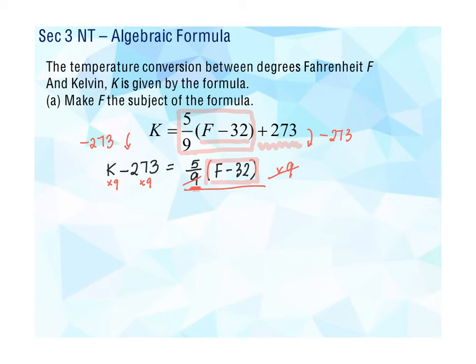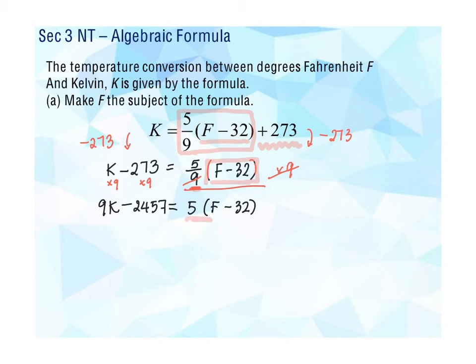I'm left with, on the right hand side, 5 bracket F minus 32. And then on the left hand side, I have to multiply every term by 9. So this will be K times 9, 9K, minus 273 times 9. So negative 273 times 9 will give me 2457. And now on this side we have brackets.